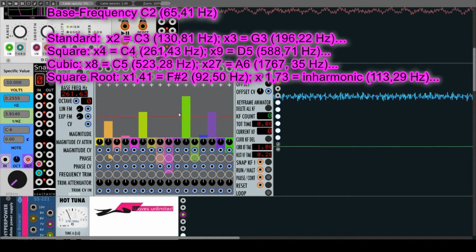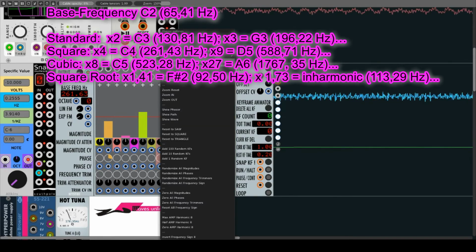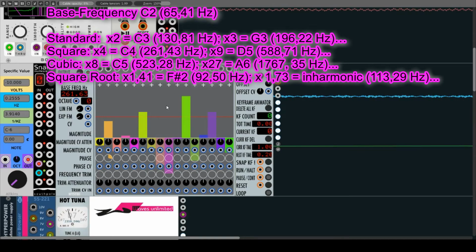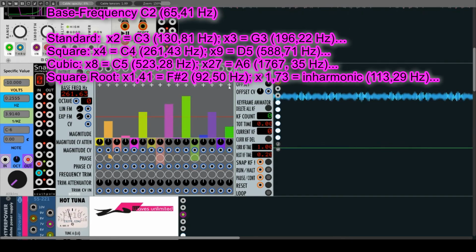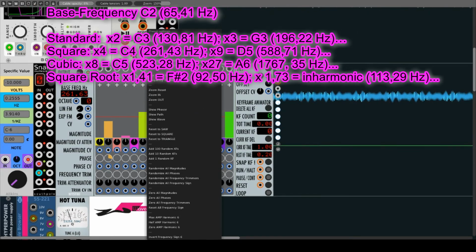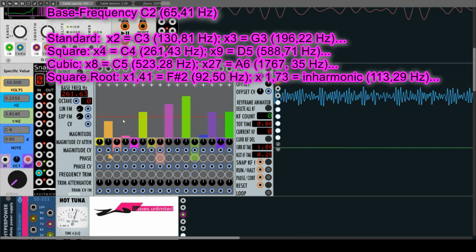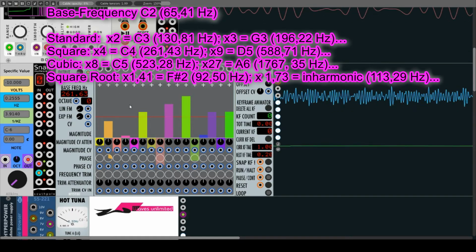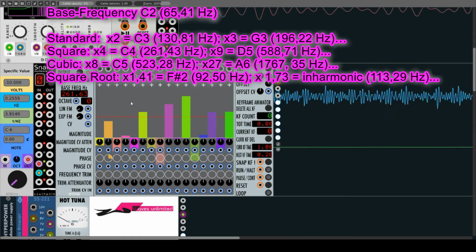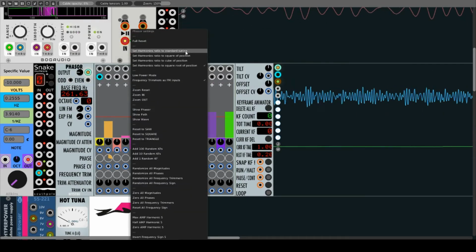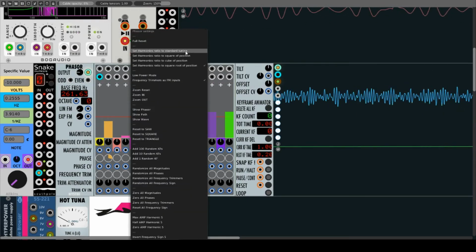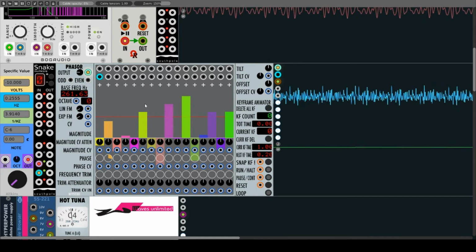But that's not all. Cubic also goes up times 8, times 27, and square root times 1.41, times 1.73. This alone can generate an enormous amount of different sounds.